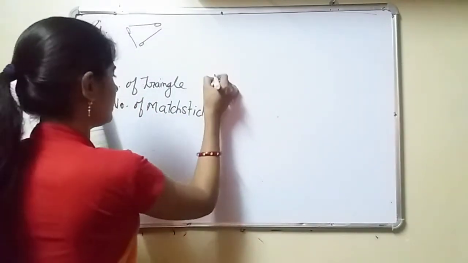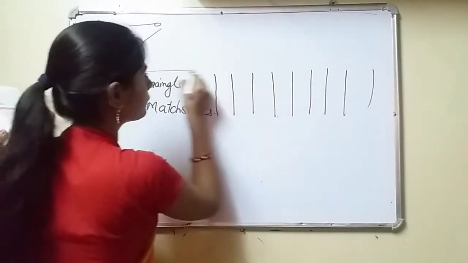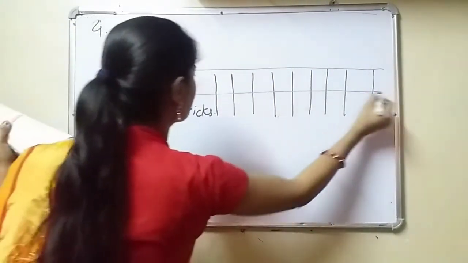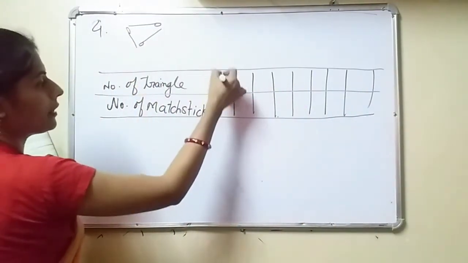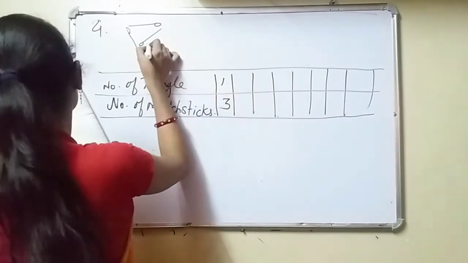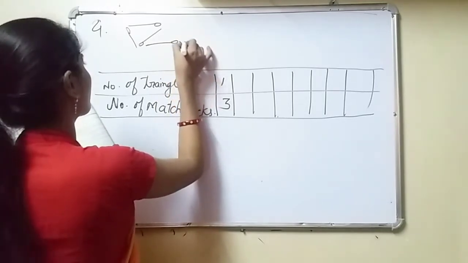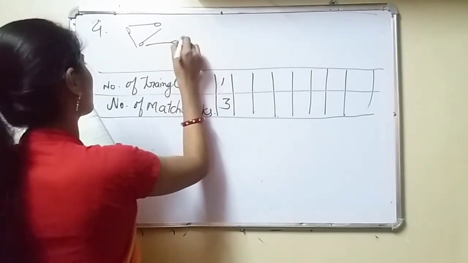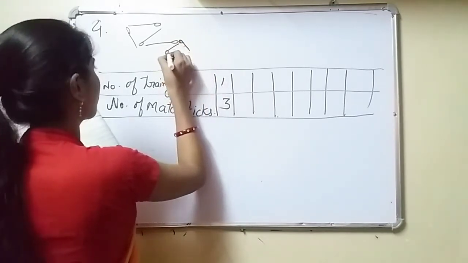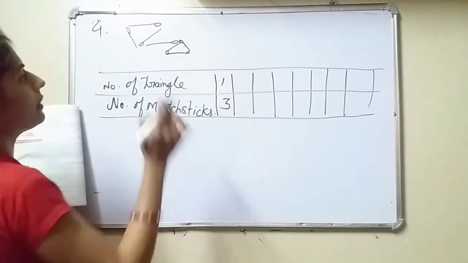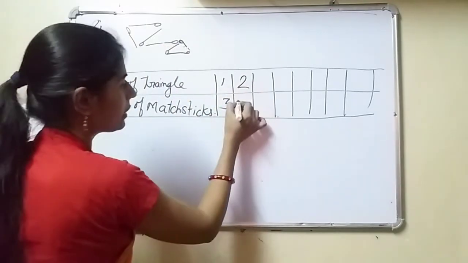Now see the number of triangles. In one triangle, how many matchsticks are there? In one triangle, 3. But in two triangles given here, 1, 2, 3, 4, 5, 6, 7. In two triangles there are 7.